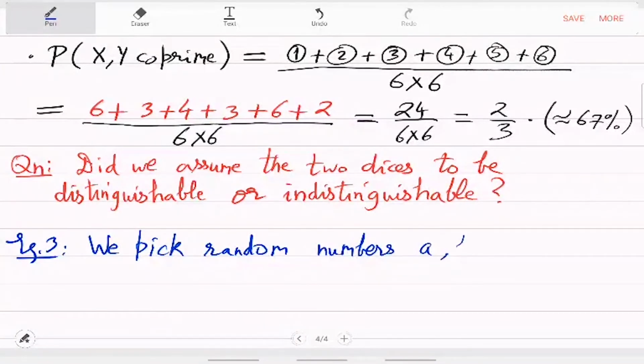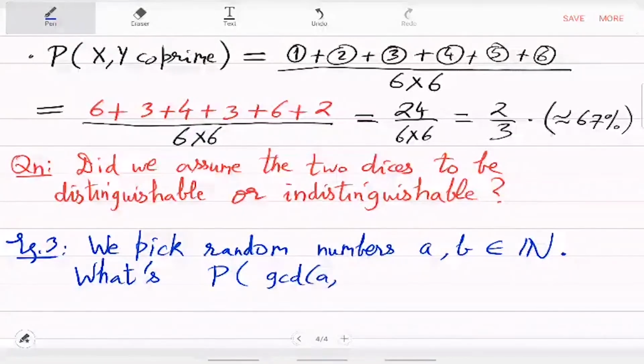So suppose you pick random numbers A and B. They are positive integers. So 1, 2, 3, dot dot. That is what this n denotes. What is the chance that they are co-prime? So what is the probability that the GCD of A and B is equal to 1?